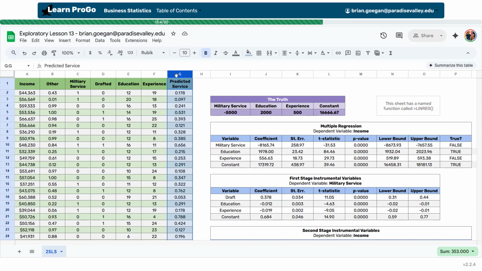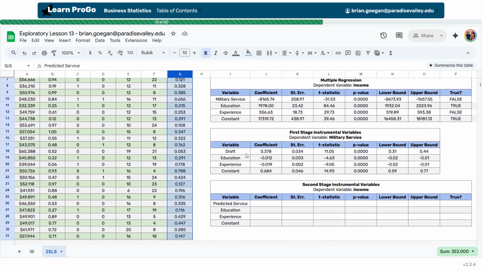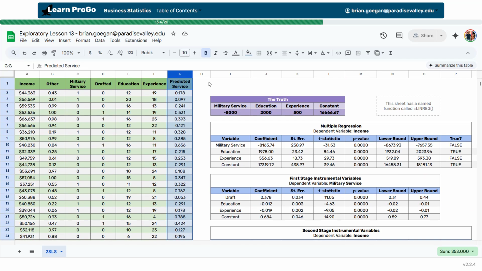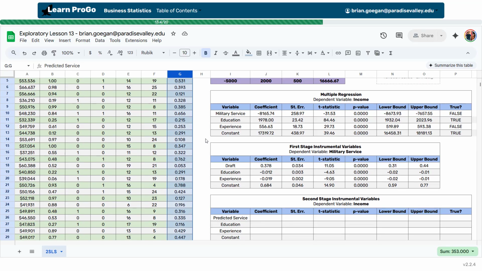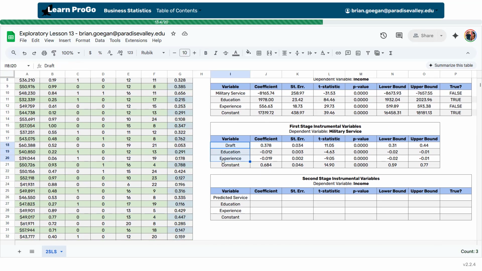It randomly assigned people to military service or not. Sometimes that assignment worked, sometimes it didn't. Sometimes people who weren't assigned did go, but nevertheless, we are channeling all of our explanation of military service through the draft. And so all that's left over in our predicted service is what can be explained by these three variables.